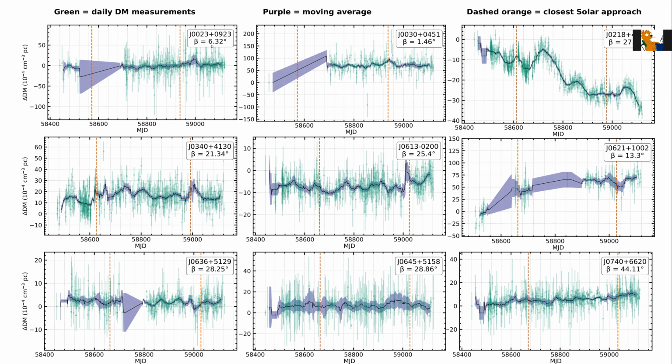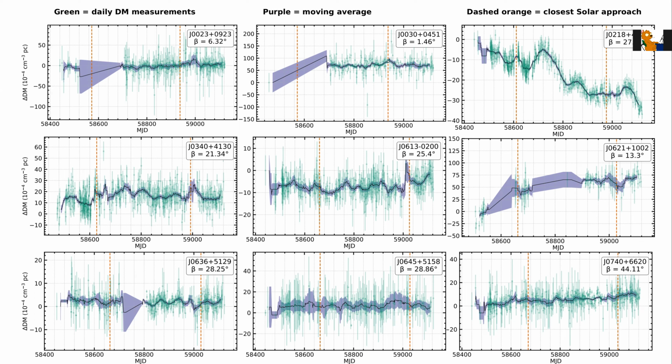Up here, this beta number is the height above the ecliptic plane. So pulsars with a very small beta go quite close to the sun, and we might expect them to be affected by the solar wind when they approach the sun.